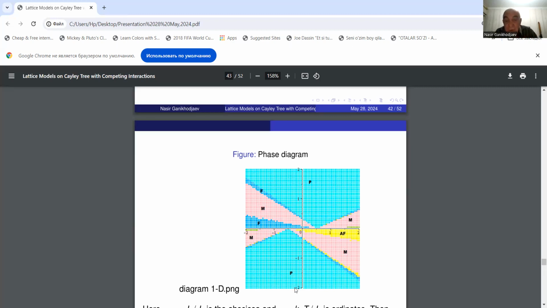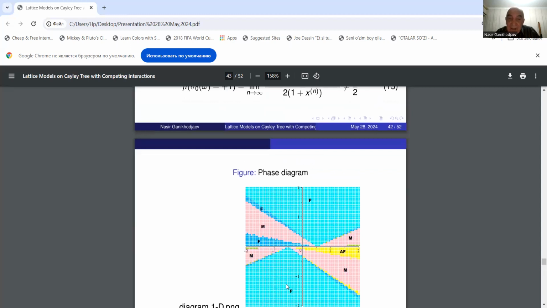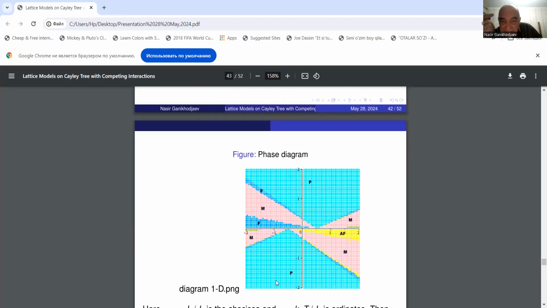For the usual Ising model, as I already mentioned, we have only a single type of phase, ferromagnetic or paramagnetic, and for the one-dimensional case the result does not depend on the choice of boundary configuration.